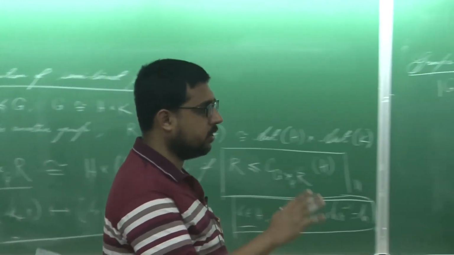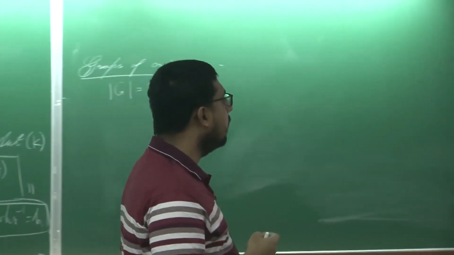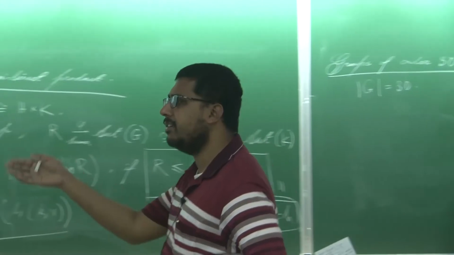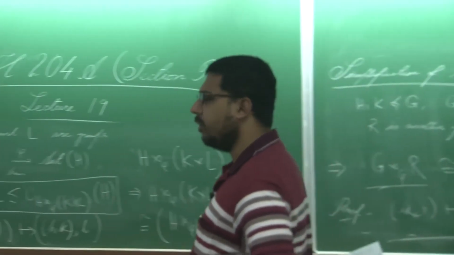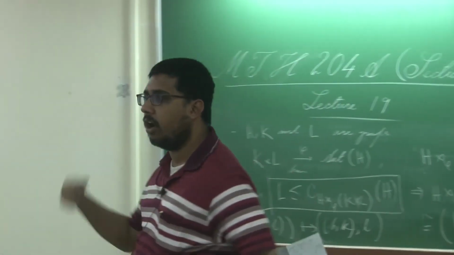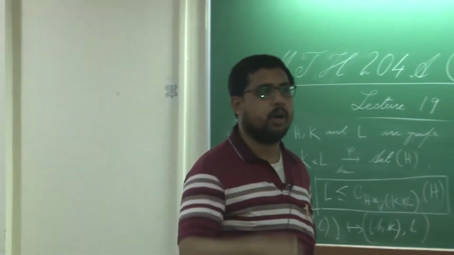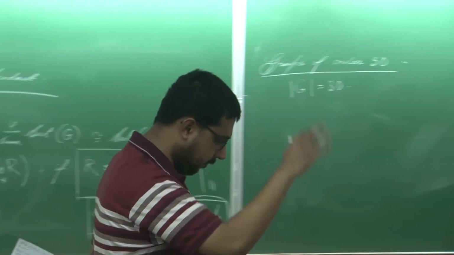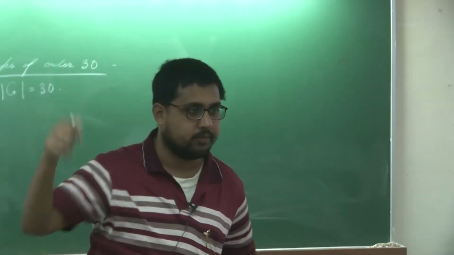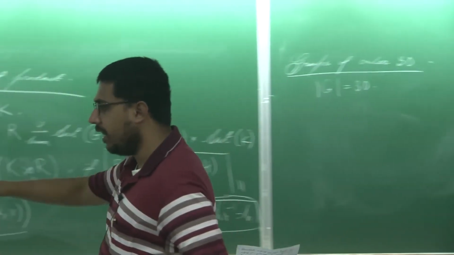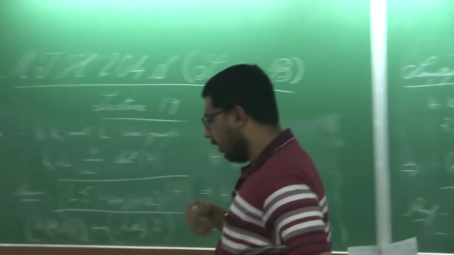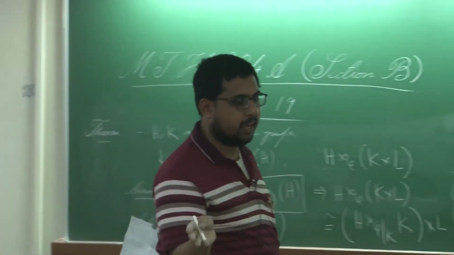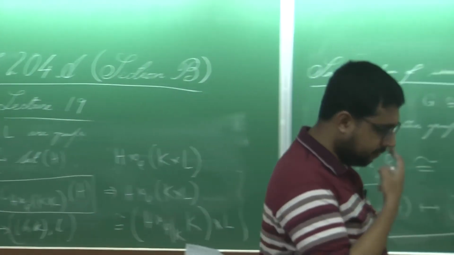So the classification of H and K is done, and in most cases you will see that H and K are going to be either cyclic groups, in fact of prime order, or of order the square of a prime, because in those cases, as you can recall, we have complete classifications. So that is not going to be a big deal.